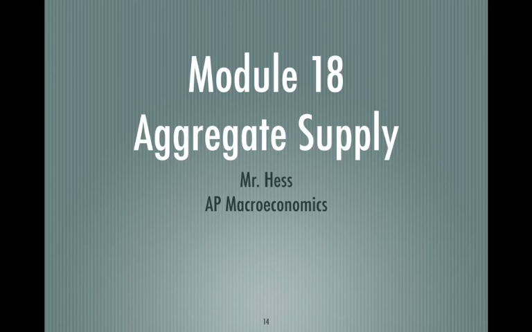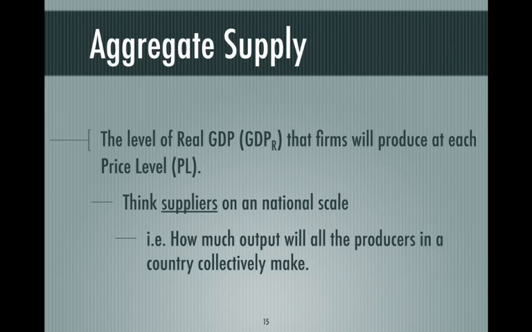Okay, so looking at slide 15, aggregate supply is the level of real GDP that firms will produce at each possible price level. Okay, so just a real quick recap and reminder, when we're talking about this word firms right here, okay, firm is another fancy word for a business. It's also a fancy word for a producer.